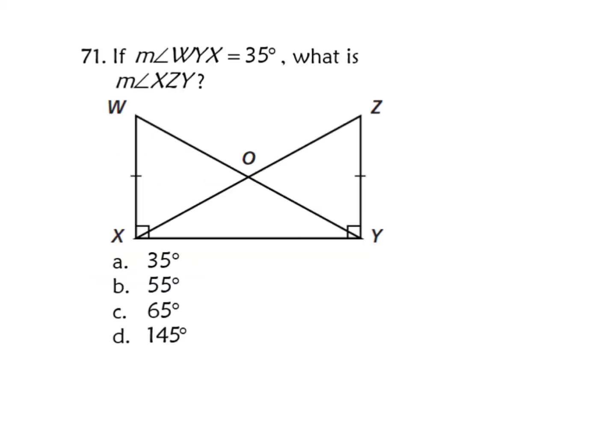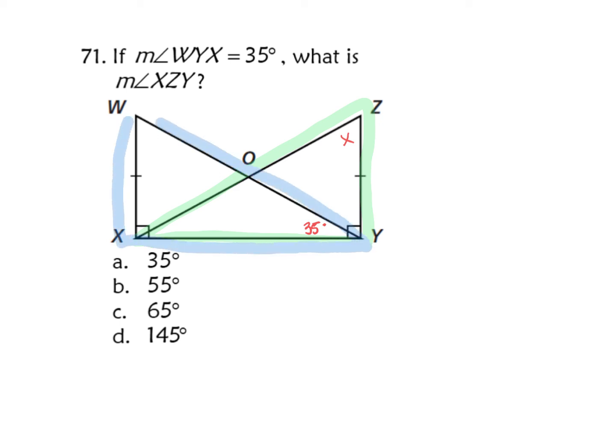All right, 71. If the measure of WYX is 35 degrees, then what is the measure of XZY? I want to know this angle right here. First of all, let's point out that we have two overlapping triangles here, right? There's one and here's one.